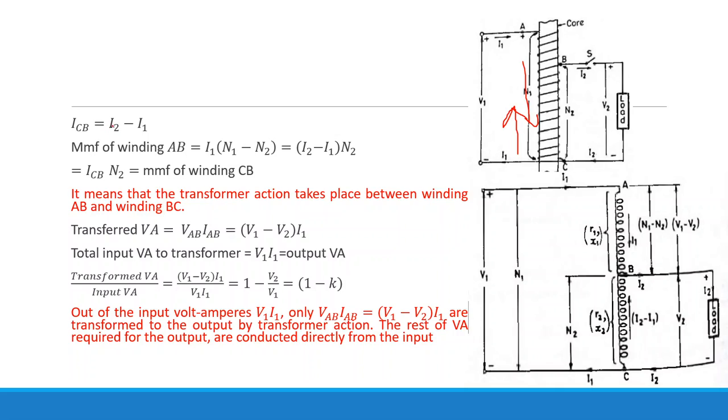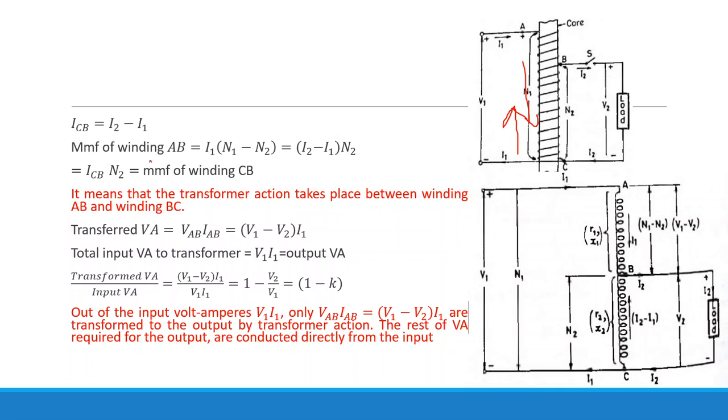V2 is less than V1, so we are considering that I2 is greater than I1. You know the circuit law, when you have to take the minus sign. Otherwise, if your V1 is less than V2, at that time I1 will be greater than I2, so I1 minus I2. But in this case, your V2 is less than V1, so we are considering the current will be I2 minus I1.